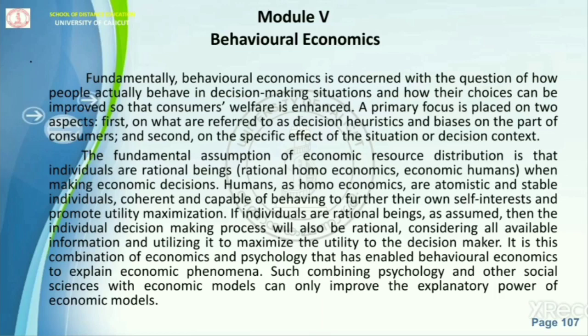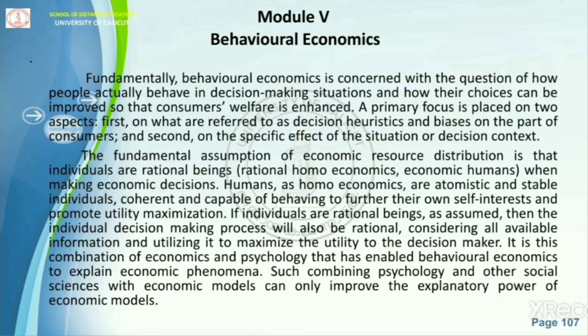The fundamental assumption of economic resource distribution is that individuals are rational beings, that is, rational homo economicus, when making economic decisions. Humans as homo economicus are atomistic and stable individuals, coherent and capable of behaving to further their own self-interest and promote utility maximization.